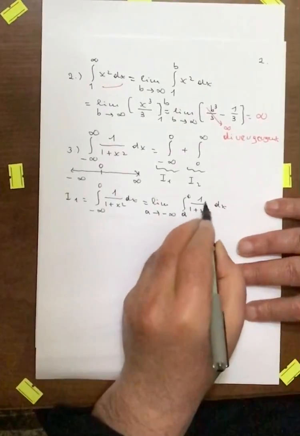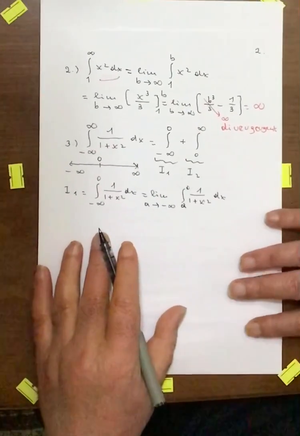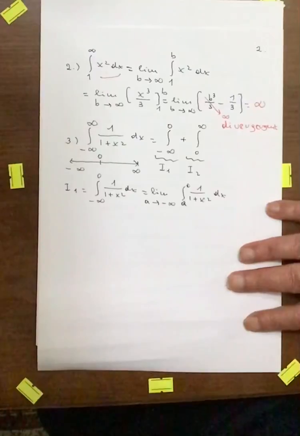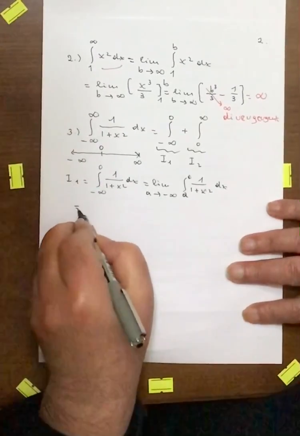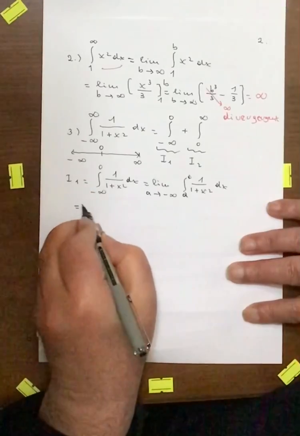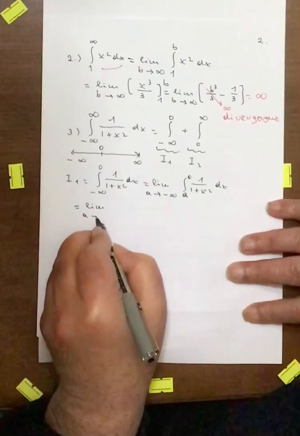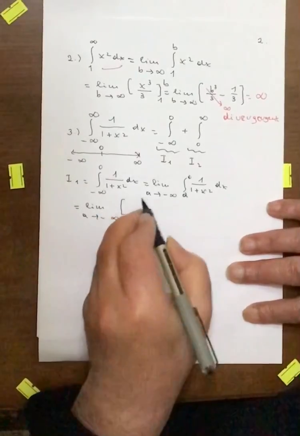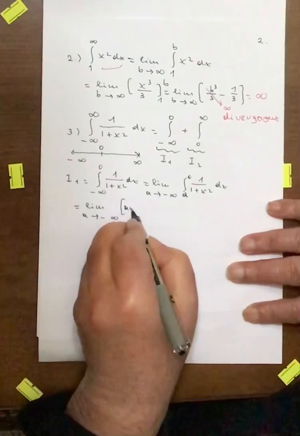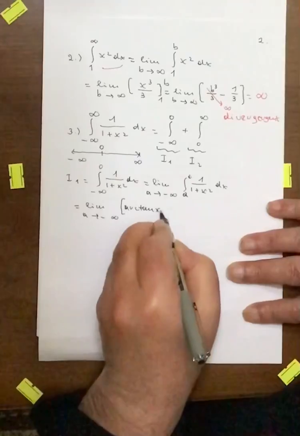We know how such an integrand behaves from the formula number 13, and so by using that formula our integral is arctangent x.